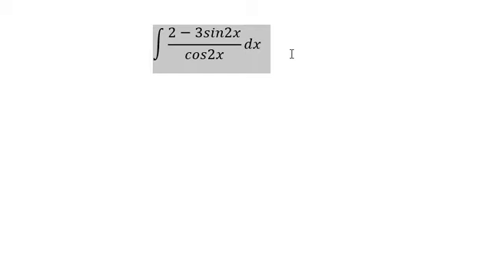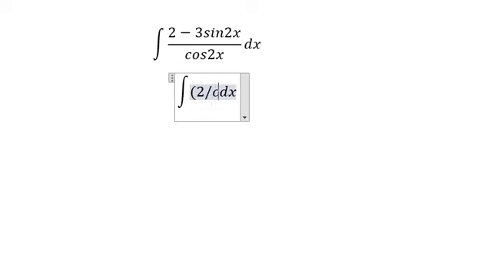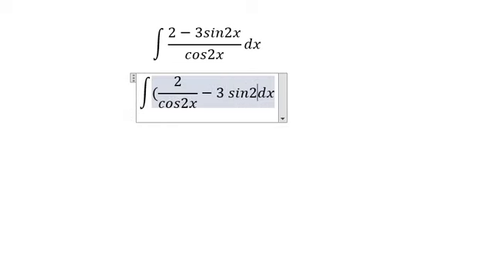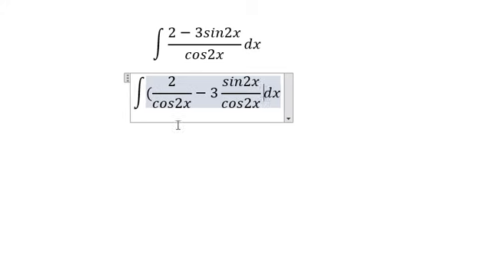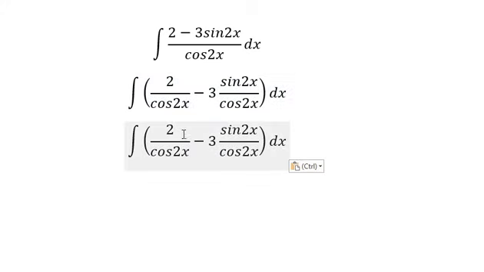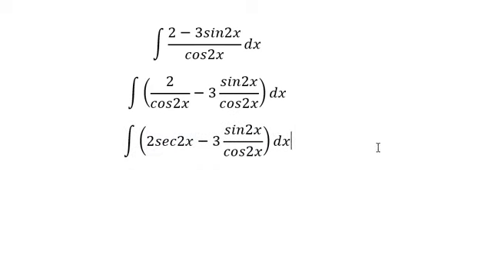Now for this one, we need to divide it into two fractions. The first one is 2 over cosine 2x, and the second one is sine 2x over cosine 2x. For this one, you get 2 secant of 2x.